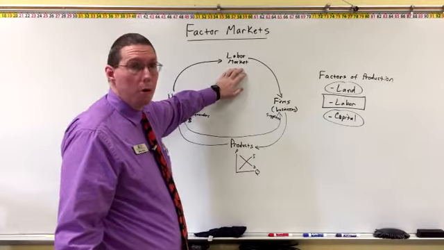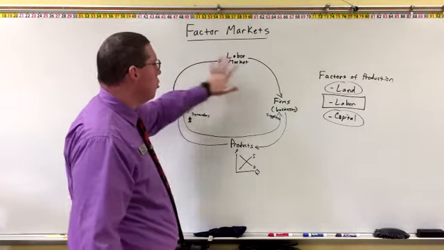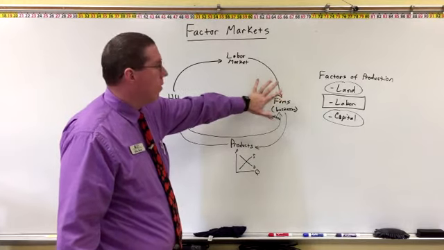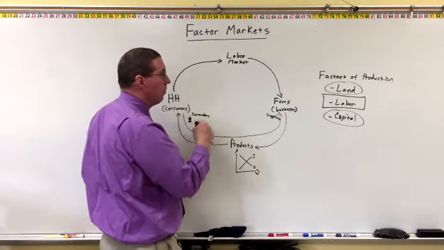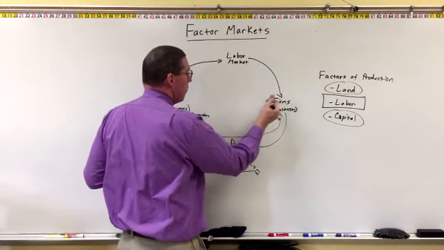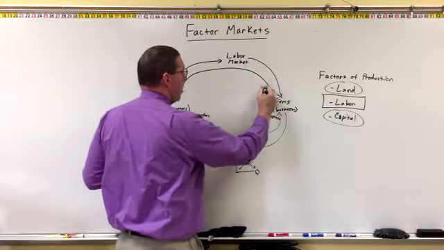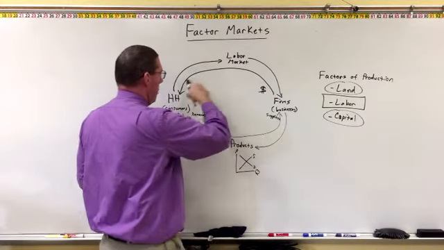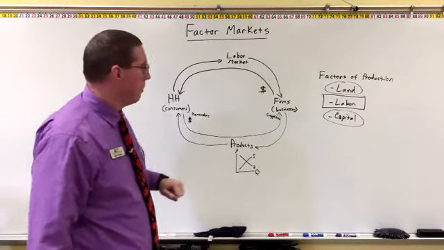They borrow. They pay some money to the consumers to use them for a little while so that they can produce their stuff that is then sold back to people. And then firms obviously pay. They have to send money to pay the households to rent the labor, all right?